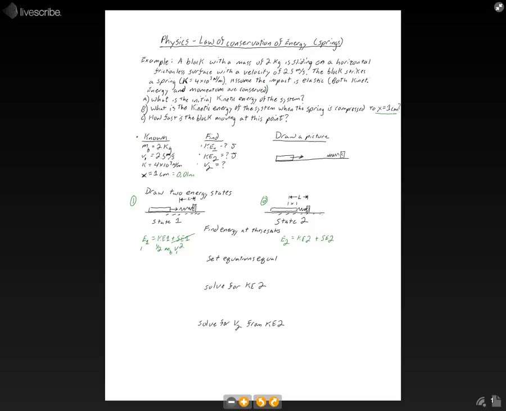When you solve this, KE1 is equal to 1/2 times the mass of the block, 2 kilograms, times the velocity squared, 2.5 meters per second quantity squared. And your KE1 ends up equaling 6.25 joules. And this is our answer for part A, KE1.